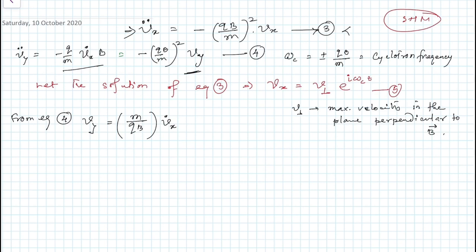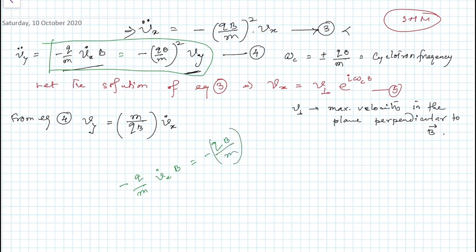If you simplify this part from equation number 4, minus q by m Vx dot B is equal to minus qB by m whole square Vy dot.